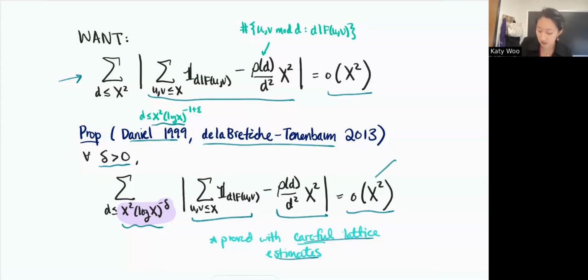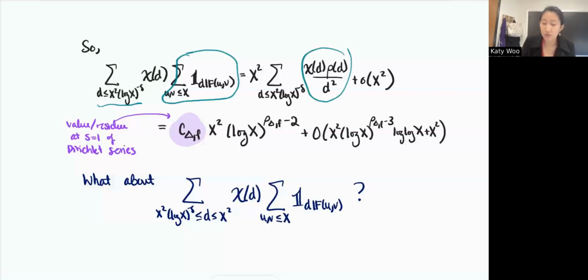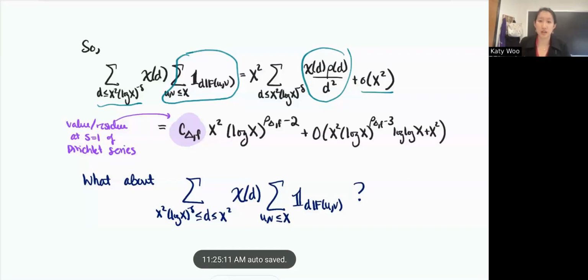And in fact, this is quantitative. It's x squared times some negative power of log x, where that negative power depends on delta. And so this means that at least we can kind of proceed as we did before. So at least for d up to x squared log x to the negative delta, we can substitute our count with what we think it should be, which is rho of d over d squared, up to a suitable error term.